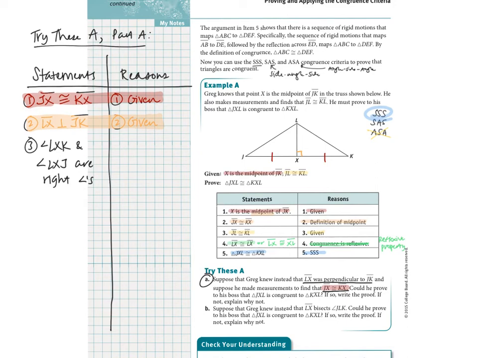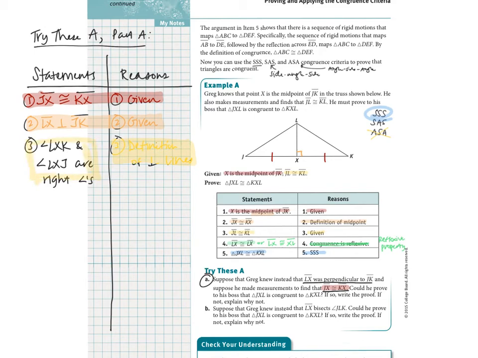We know that's the definition of perpendicular lines, that if we have 2 lines that are perpendicular, they're going to create right angles. So I'm going to say definition of perpendicular lines. And again, the key word that we're looking at there is perpendicular. So I am going to go ahead and highlight, I like to color coordinate, figure out which pieces go together.